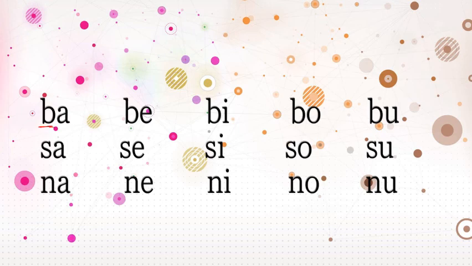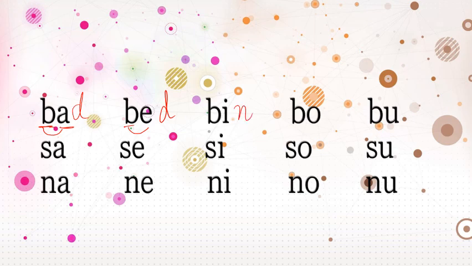First is B. B, a, and then we blend them, ba. Let's add one more sound, t: bat. Next, b, e, bet. B, i, n, bin.